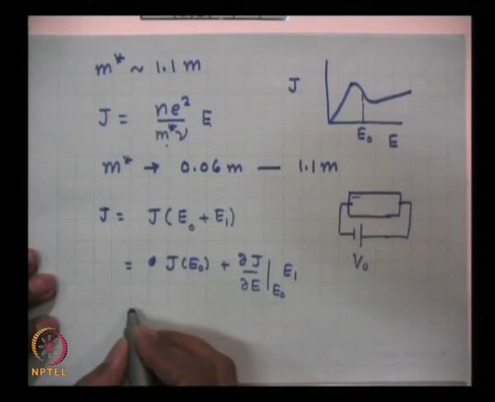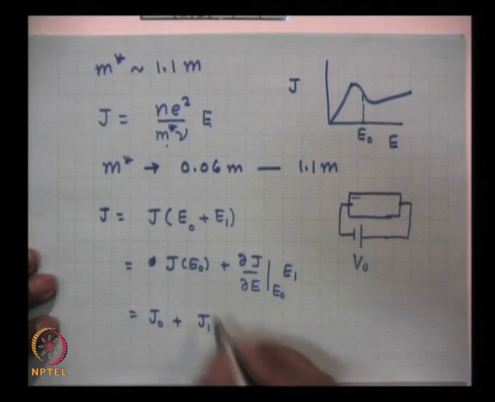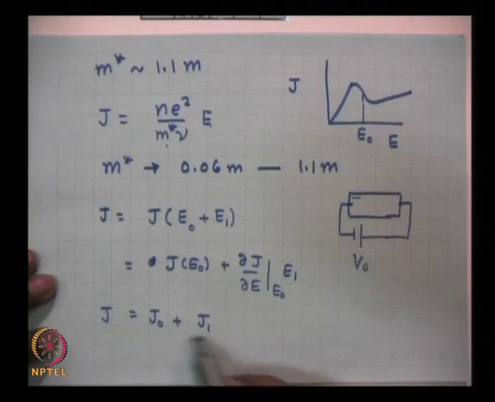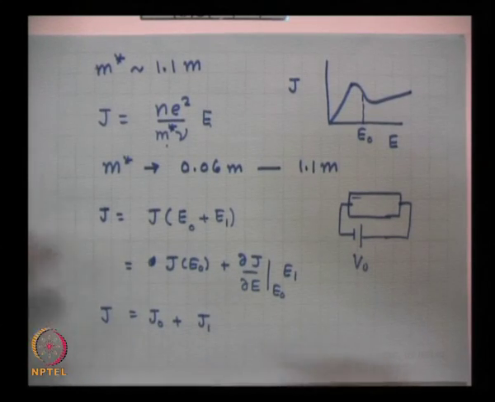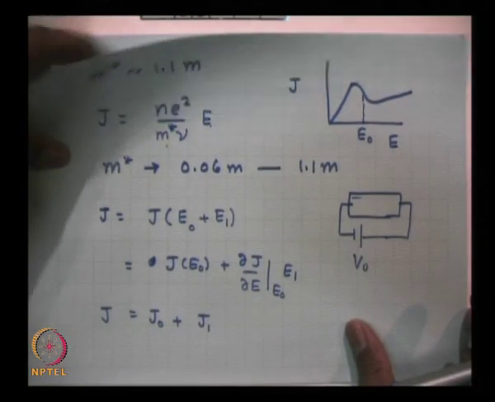So, I will call this J0 plus J1. Now the current in the semiconductor is J0 plus J1, and J1 could be a function of position and time, let us see how it will evolve.